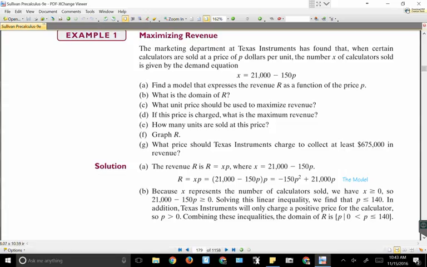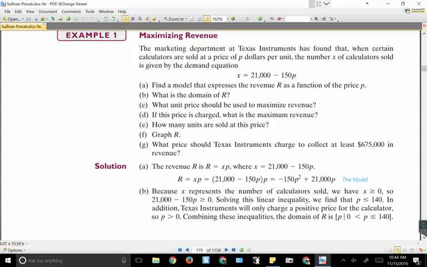X calculators sold is given by the demand equation. So this is asking for demand, right? If we set the price at a certain number, then the demand for that is this value of X.